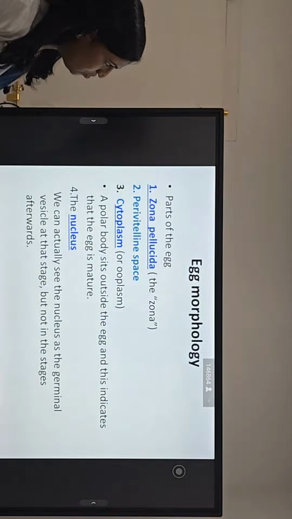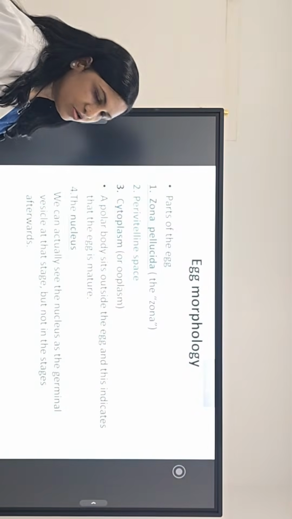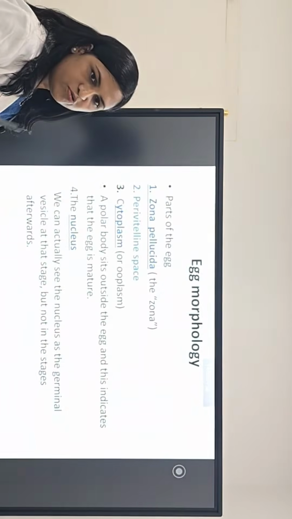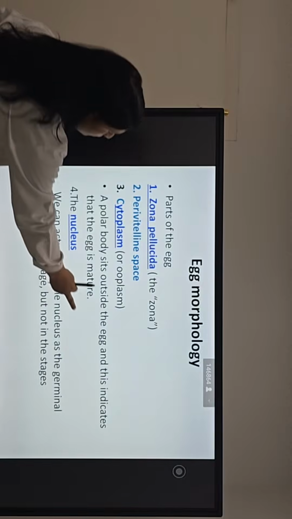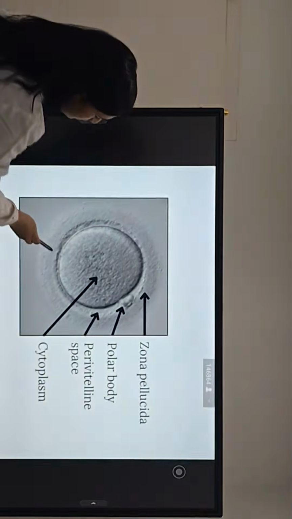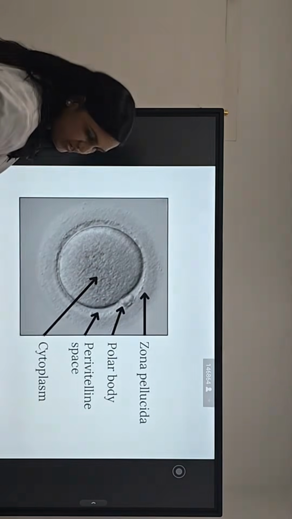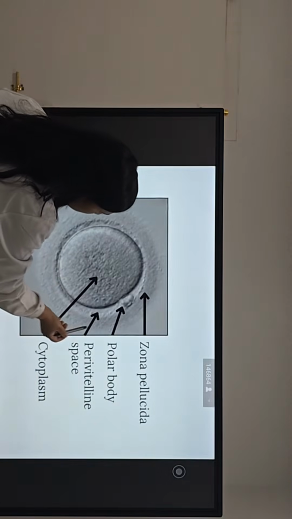Now, before knowing what a good oocyte is, we must know how a good oocyte looks, which is called morphology. That is how a good oocyte looks under the microscope. So this is the picture of the oocyte. The outer layer is called the zona pellucida, which acts as a protecting layer of the egg.